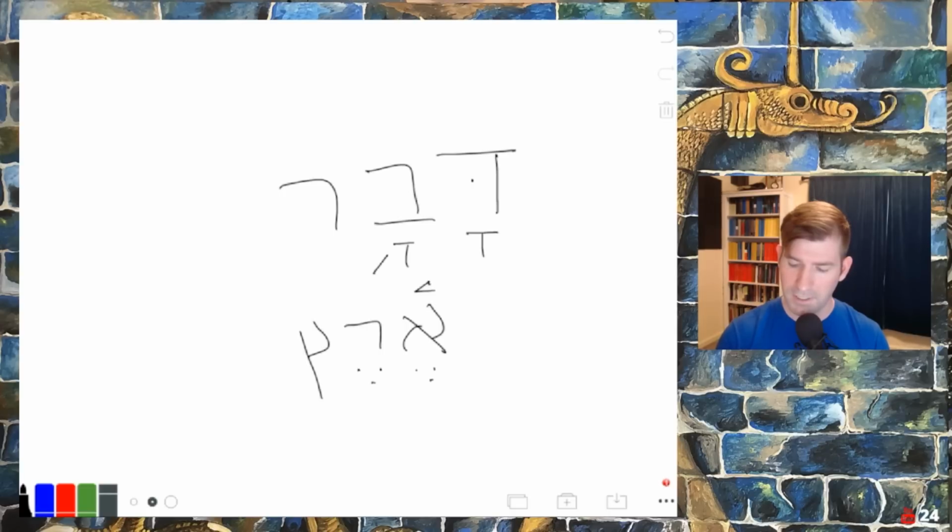Instead of writing a little caret up at the top like that, the Hebrew text won't do that. You might see a little mark like that. Actually, I should probably put those in different colors. These marks right here, those are accent marks. They're under the syllable that marks where the accent is in the word.